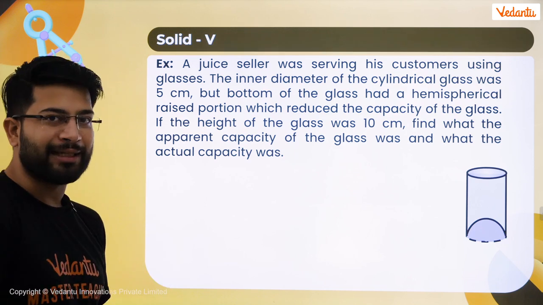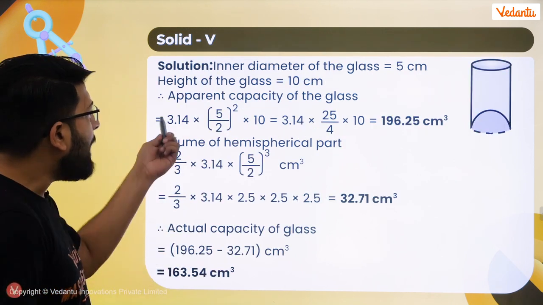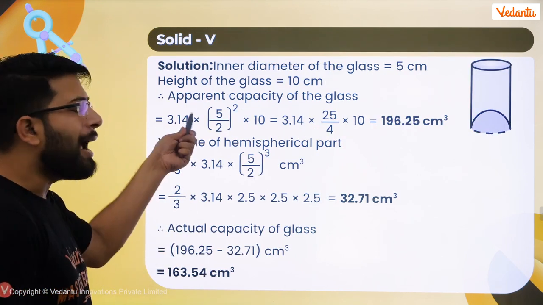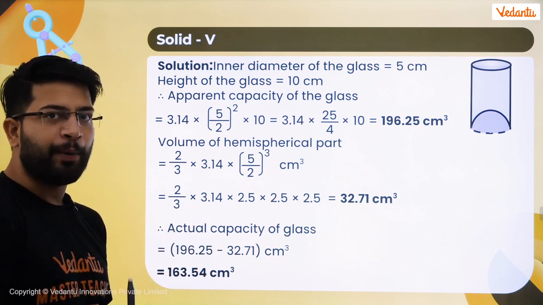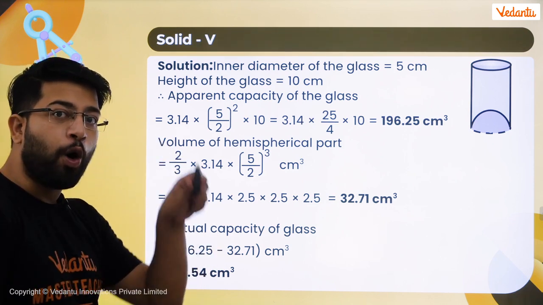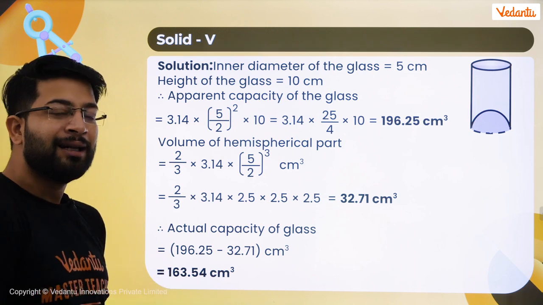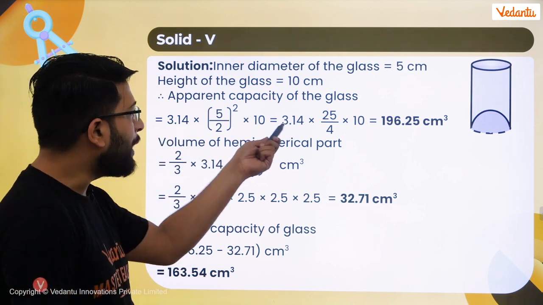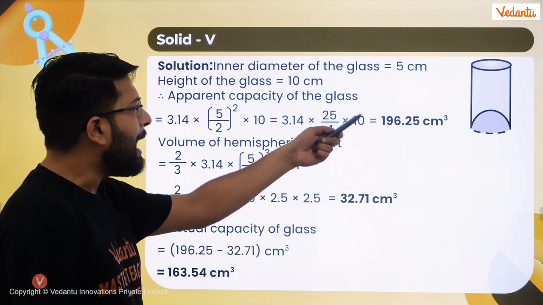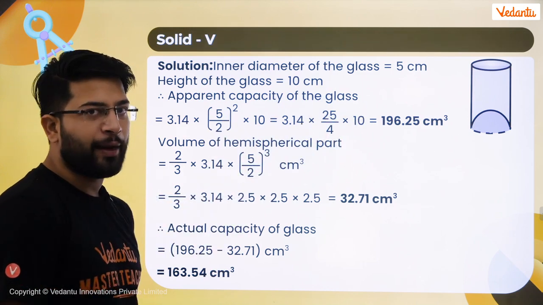is the actual capacity. So very easy, the apparent capacity will be what? Pi r square h, because many customers, many people won't be focusing on that hemispherical part that is reducing the capacity. So it will be pi r square h, right? Simple, apparent capacity will be pi r square h.